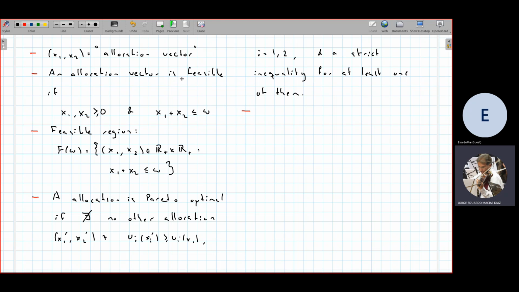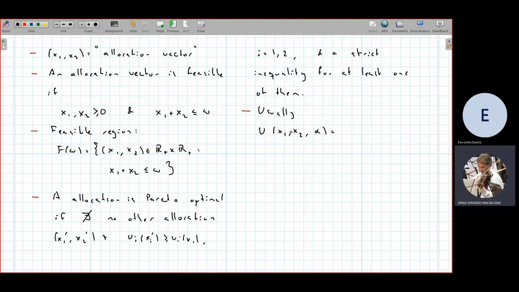Now, in some kinds of problems, in order to consider Pareto optimal problems, usually the function u will be a function that depends not only on x1 and x2, but also on a certain parameter alpha.